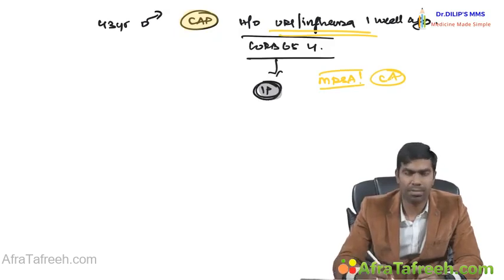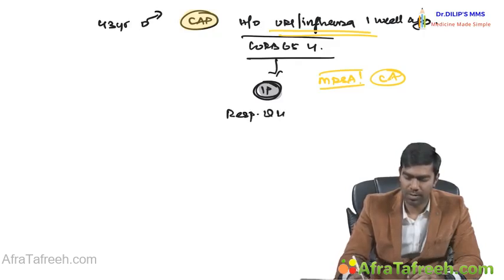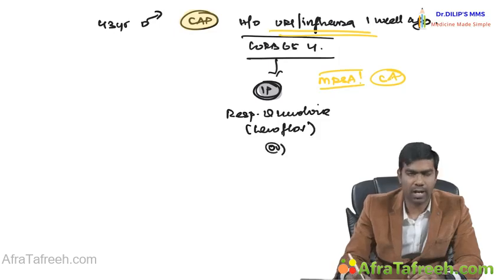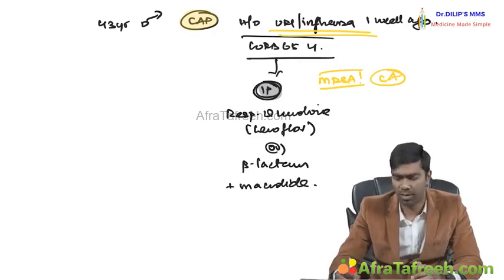Since he is an inpatient, not ICU, I will be using a respiratory quinolone like levofloxacin. First, I am going to construct this regimen, or I can use a beta-lactam plus a macrolide. Remember, none of the beta-lactams are effective for MRSA.